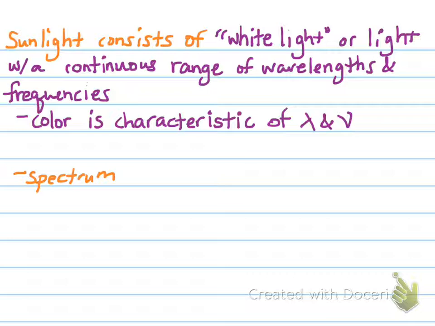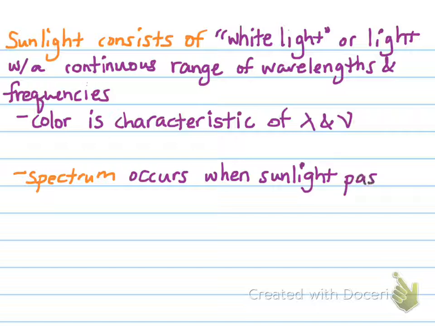So, because sunlight consists of a continuous range of wavelengths and frequencies, we get a spectrum that occurs when sunlight passes through a prism.